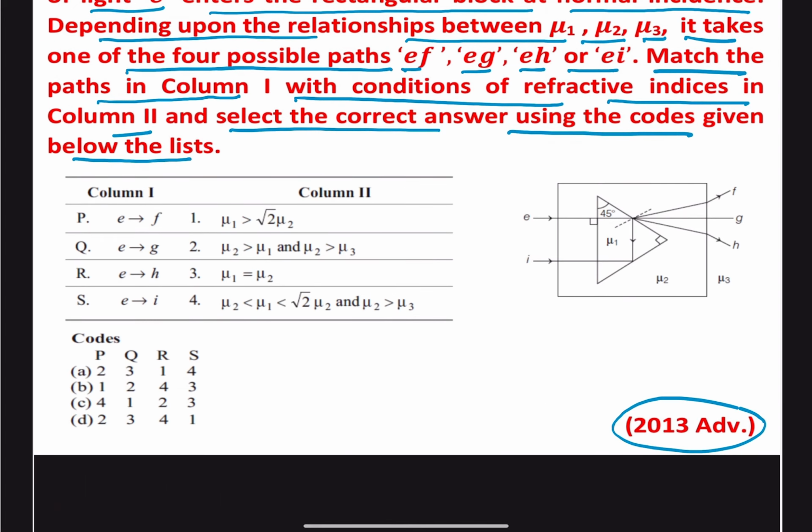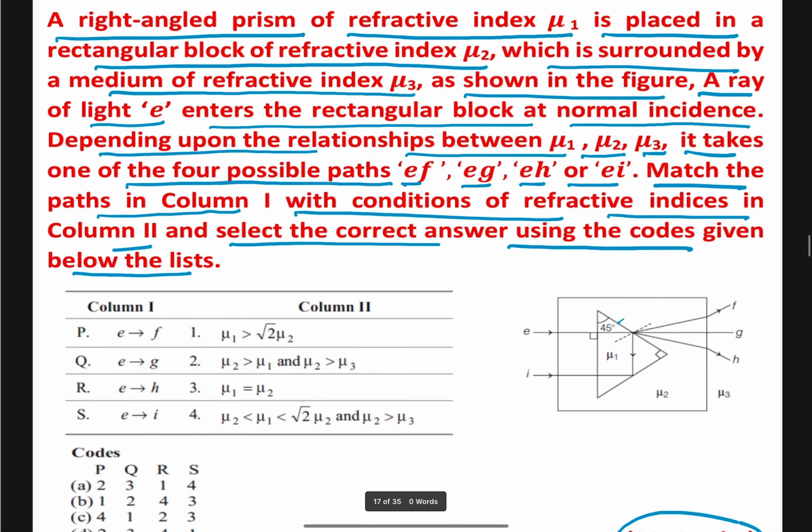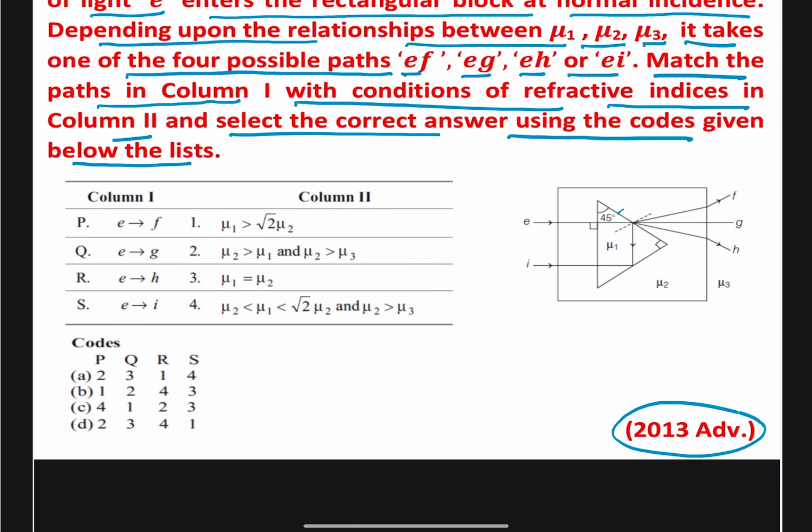So in this case we have a prism and it is placed in a rectangular block. Okay, so this is a rectangular block and a light E is incident, and there are a total of four options in which this light can be manipulated by the prism, you can say a combination of prism as well as the rectangle block.